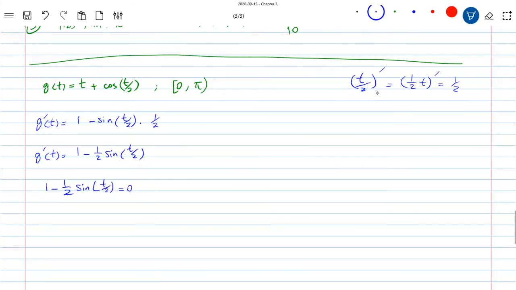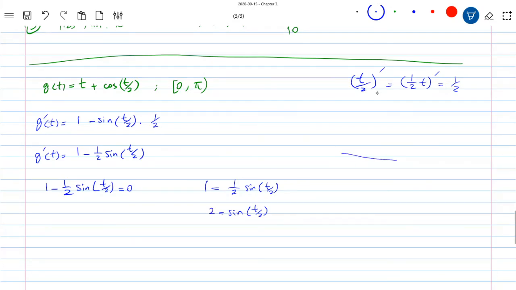Okay, if we want to solve this, you'll say 1 equals 1/2 sine of t over 2. Multiply both sides by 2. We'll get 2 equals sine of t over 2. Now you might ask yourself, where do I get sine to be 2?